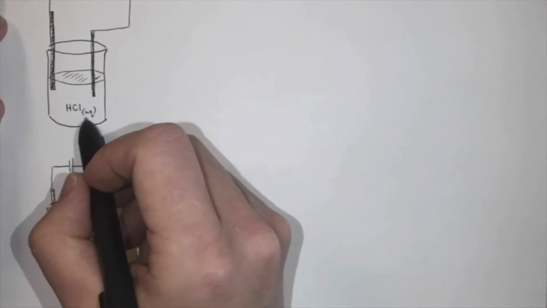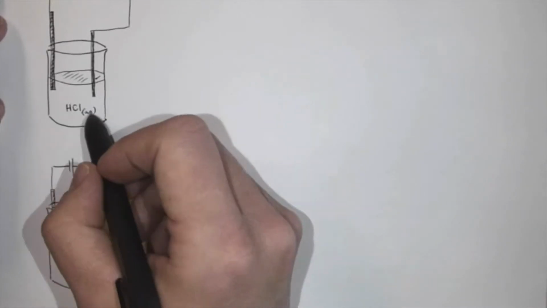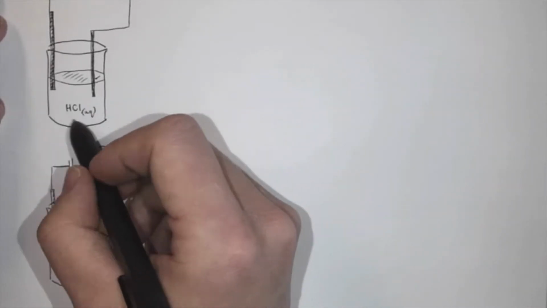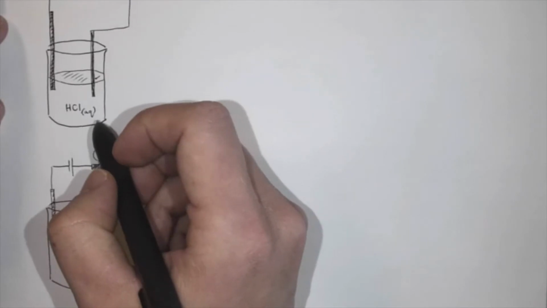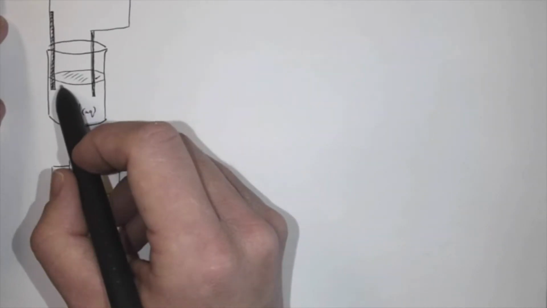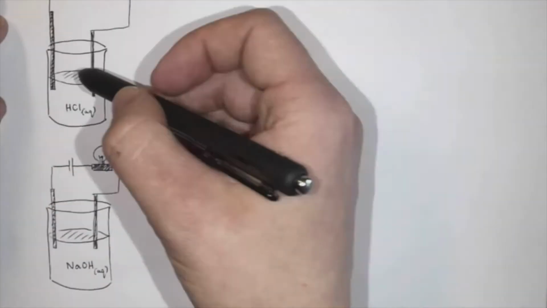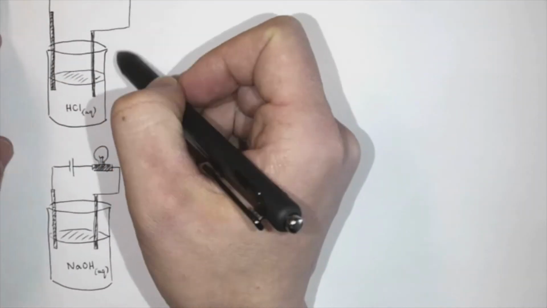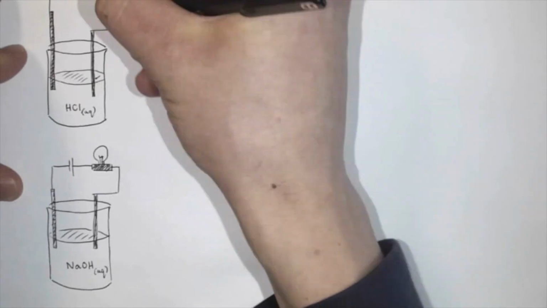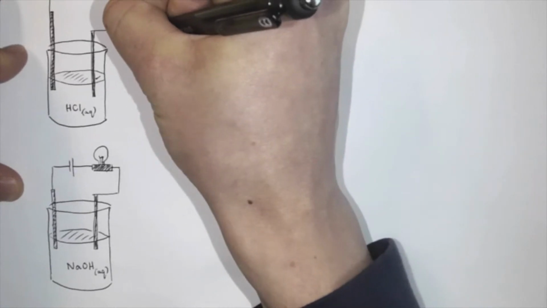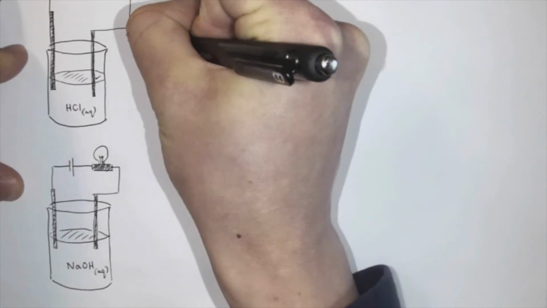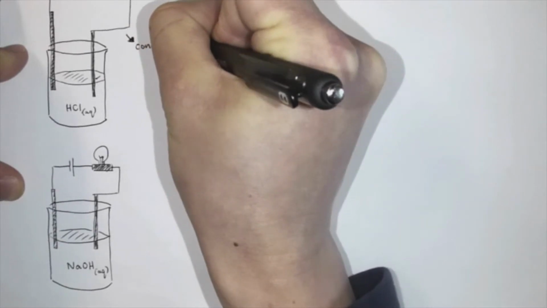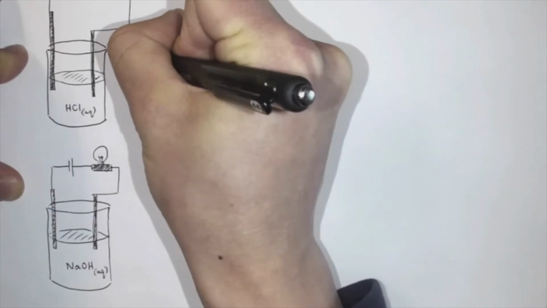So hydrochloric acid in this particular beaker, let's say I've got a certain concentration of hydrochloric acid, and it has some electrodes inside the beaker that are connected to a battery and a light bulb. This is what we would call a conductivity apparatus, and you've used these before in a lab.